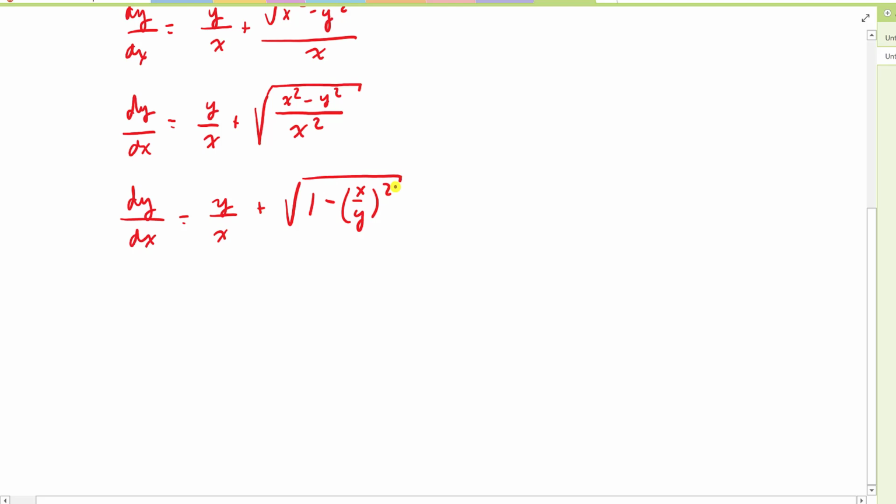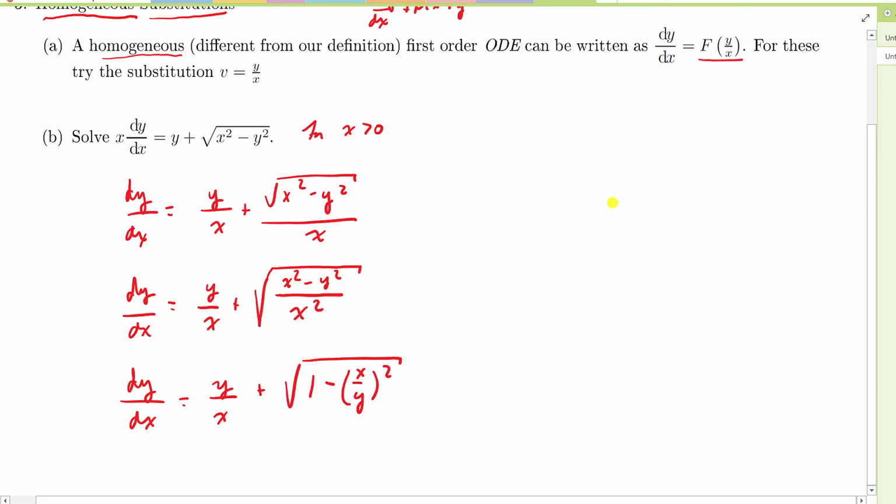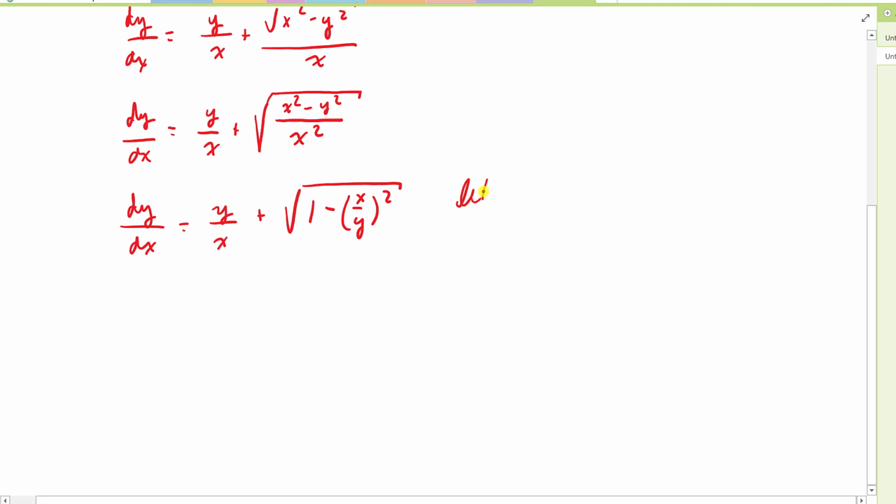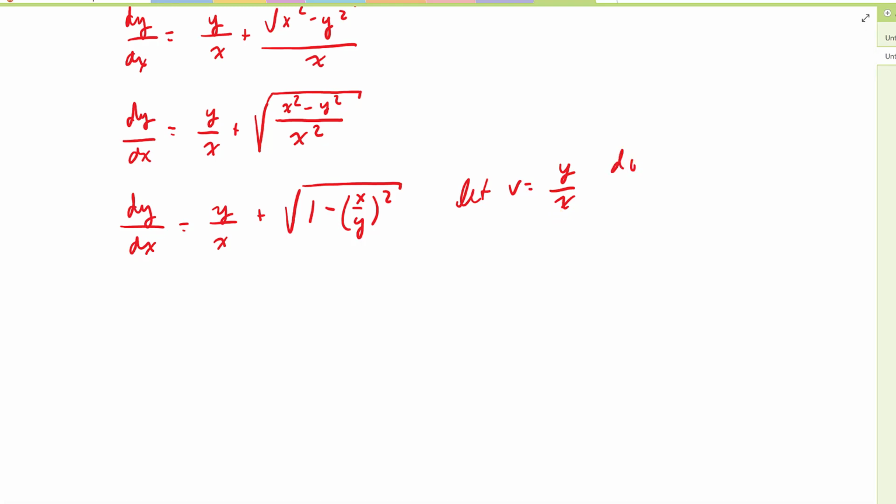So now we're ready to do this substitution. Now that we've written it as a function of y over x, we can try the substitution v equals y over x. So let's let v equal y over x. A consequence of that is that, well, I don't want to do the quotient rule. Let's go ahead and set this up to do the product rule.